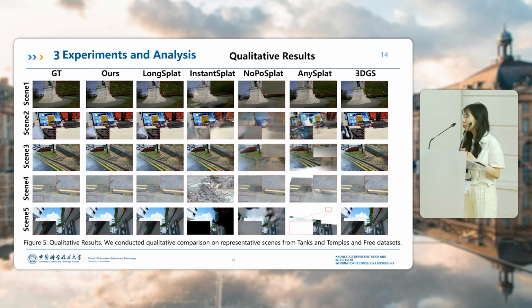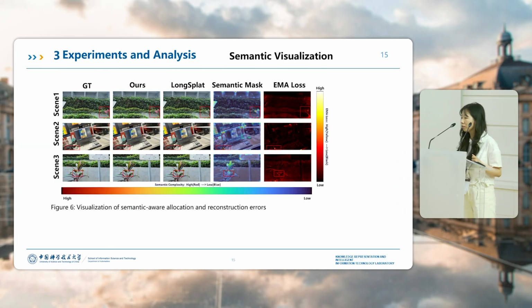Across 5 representative scenes, our method produces visibly cleaner reconstructions, sharper edges, fewer floaters, and better representation of the geometric details compared to LongSplat and other baselines. And the semantic visualization on the right further validates the allocation module.